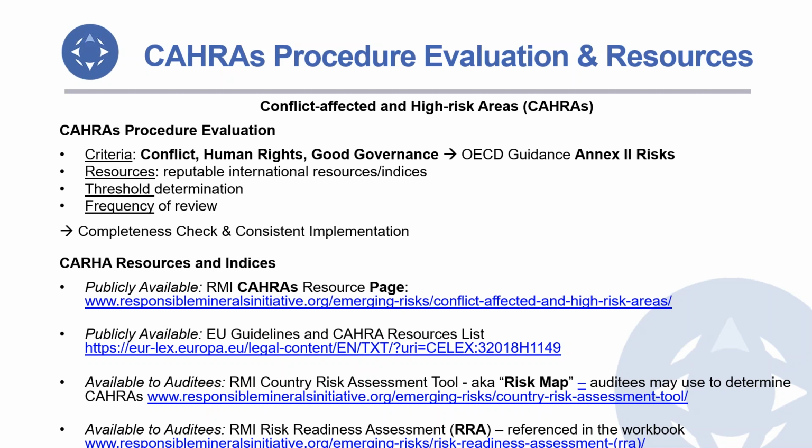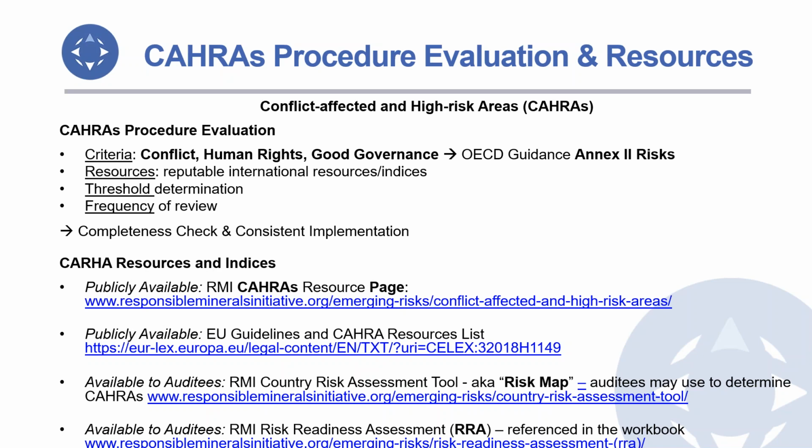Next, there is a threshold determination. Once the auditee picks a resource, for example, an index for conflict, then they have to decide whether high risk, medium risk, or low risk of conflict is their threshold for determining whether or not a certain country is affected by risk of conflict.